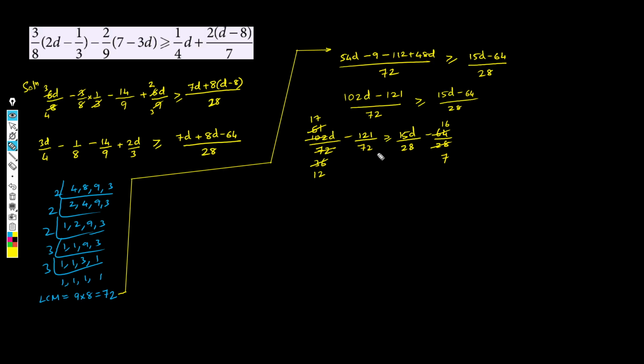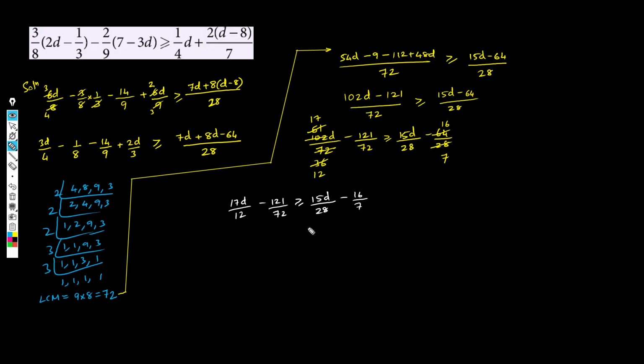Let's proceed with the rest. 17d by 12 minus 121 by 72 greater than or equal to 15d by 28 minus 16 by 7.